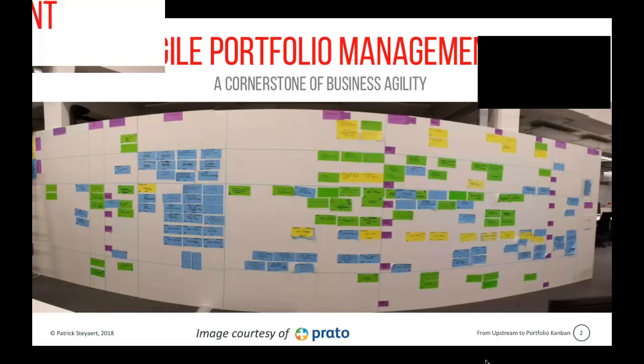Now, despite all that agreement about the importance, and despite the fact that many people have talked about Agile portfolio management or portfolio Kanban, to my experience, to my knowledge, the current guidance and the current practice does not go much further than visualization.